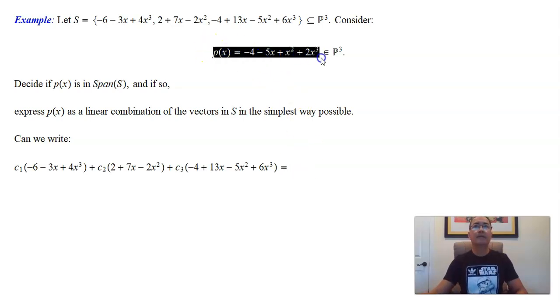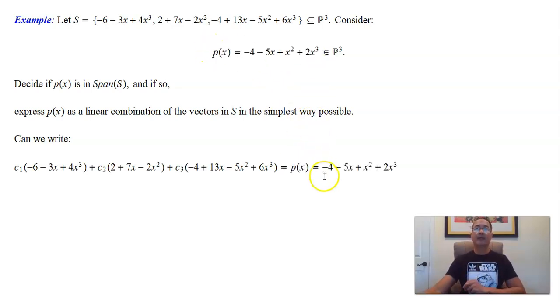So let's copy this whole thing. All right, so that is the equation that we want to solve for C1, C2, C3, if possible. So what are we going to do? Well, we can simplify the left side by distributing C1, C2, and C3 to those three polynomials.